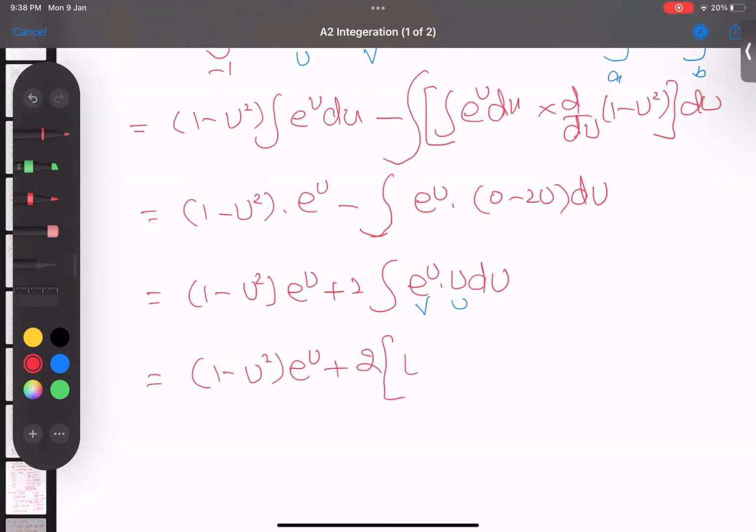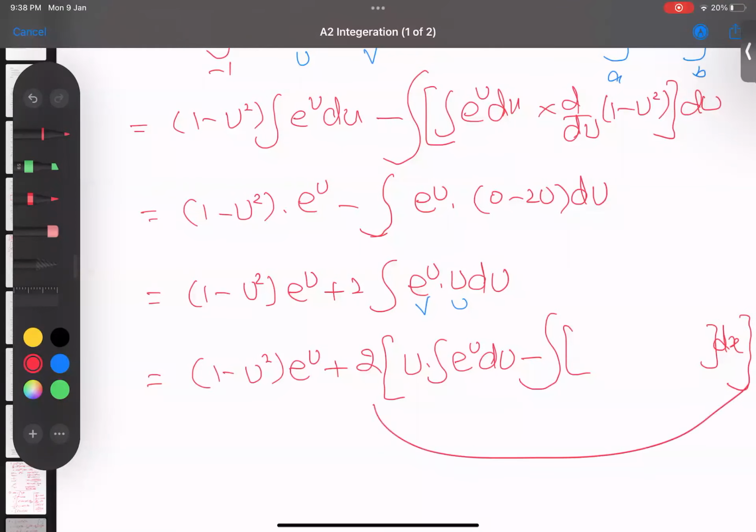So you copy integration of e to power u du minus integral sign, bracket starts, bracket ends, and there's a big bracket end for this one. And now integral of e to power u du into d over du of u. This u comes from here.